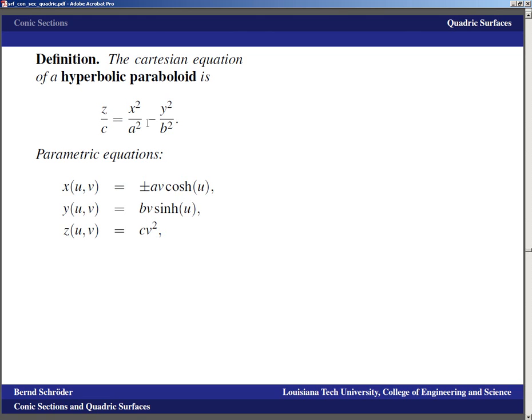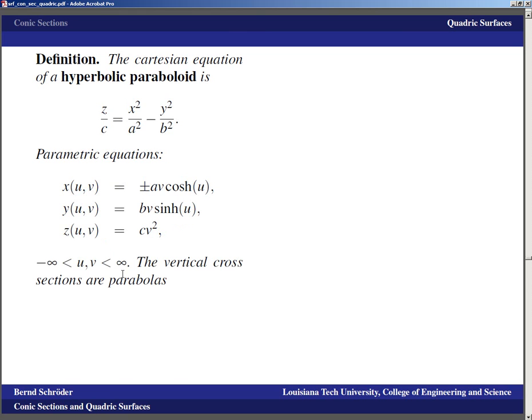And then if you plug that in on the right side, again, the a squareds go away, the b squareds go away, the hyperbolic cosine squared u minus the hyperbolic sine squared u can be factored out. What we keep on the right side is a v squared, and that means that z has to be c v squared. And here, because of the parametrization, the way it's set up is u and v both have to go from minus infinity to plus infinity, because we need to capture all branches.